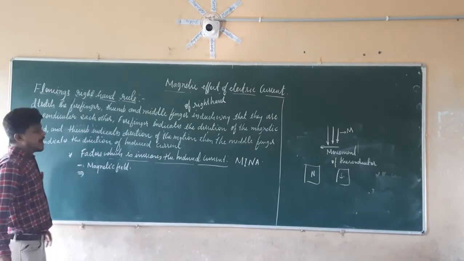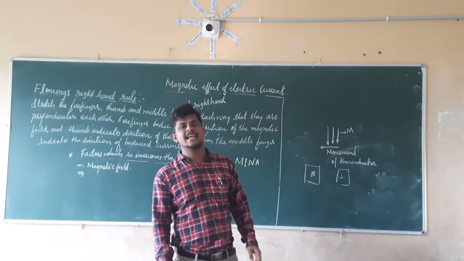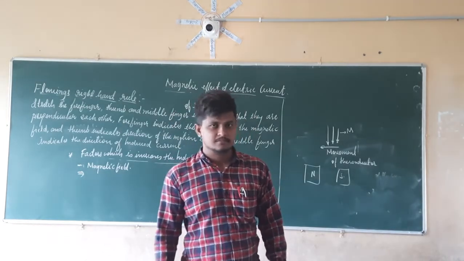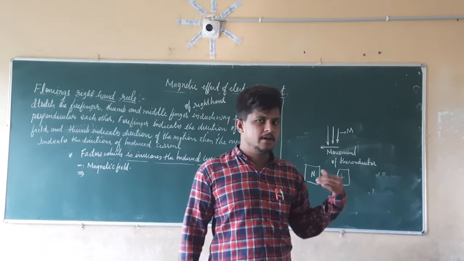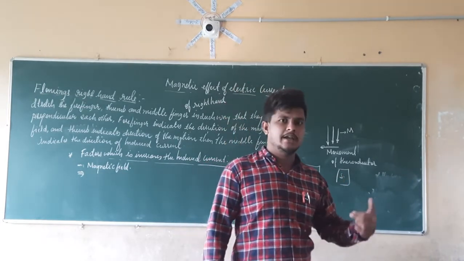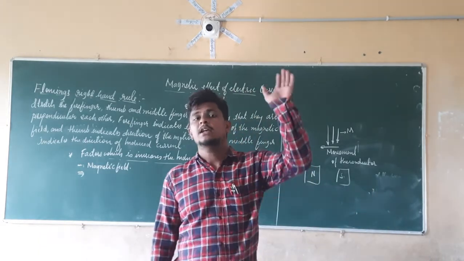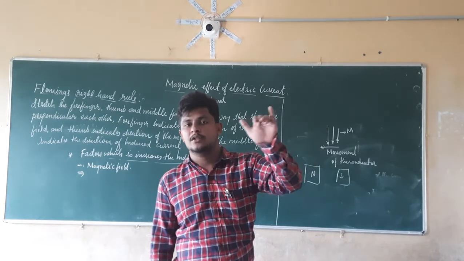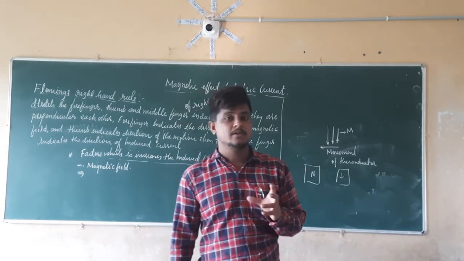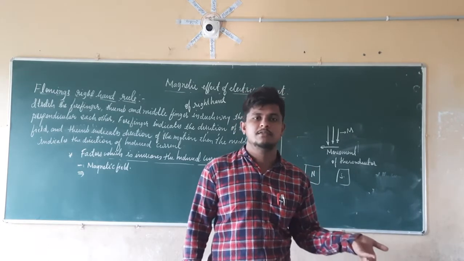So the second one is I here. I is nothing but the current. If you remember that coil diagram again, with two coils, if current is passing through the first coil, it is going to produce a magnetic field. In the second coil, by that magnetic field, it is going to induce some current. So we already know that more current is going to produce more magnetic field, right?